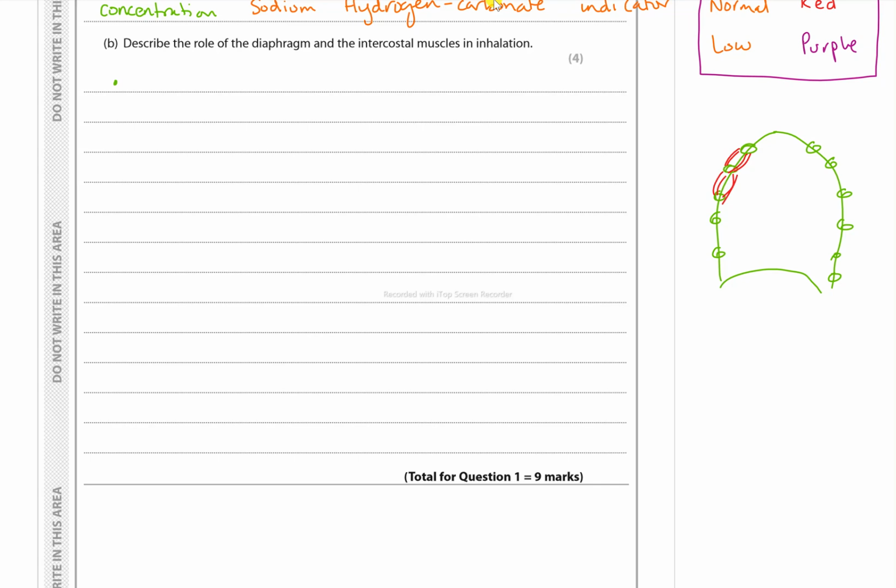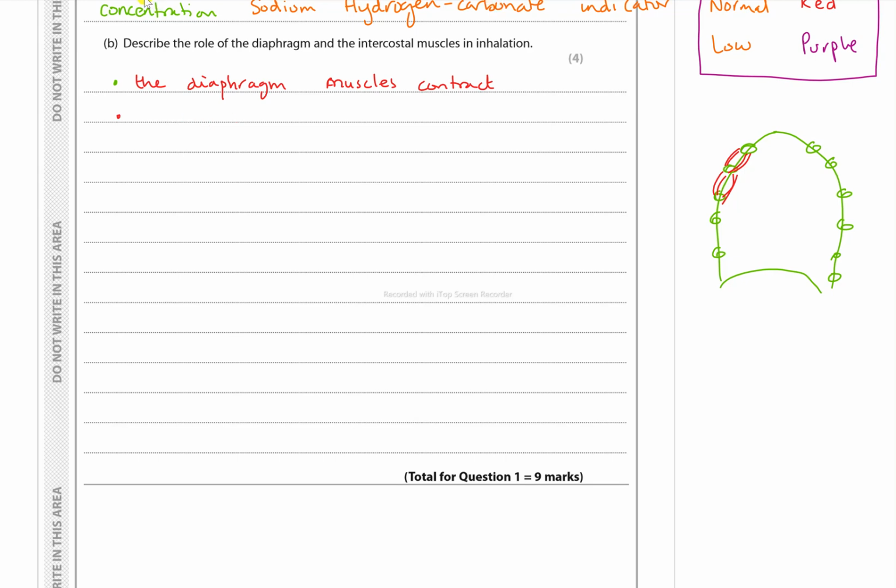Right, so the first thing that happens is the diaphragm flattens or contracts. The diaphragm muscles contract. I'll tell you what, let's not make it complicated.